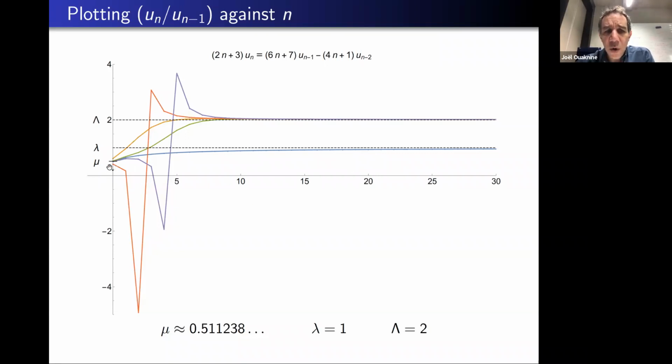So you can ask the question, how do I know whether or not I am on a minimal solution? If I give you two initial terms whose ratio differs from mu by 42 billion digits, you will be on this trajectory for a very, very long time before you start realizing, oh no, I'm going up or I'm going down. And for that matter, if I give you two initial terms whose ratio is mu, then you will be here forever, but you will never know for a fact that you're there.